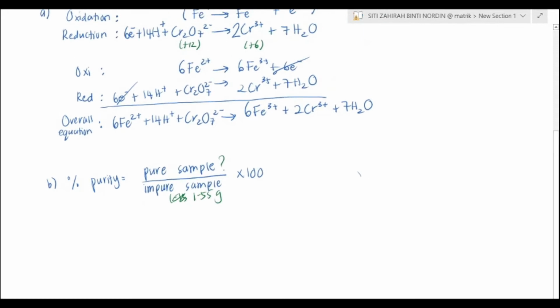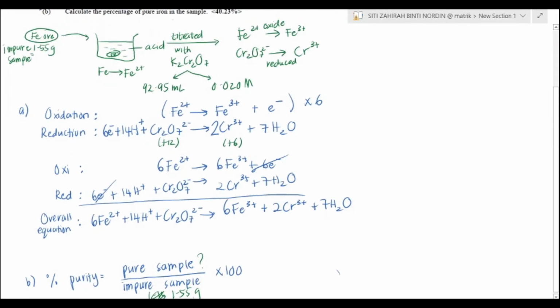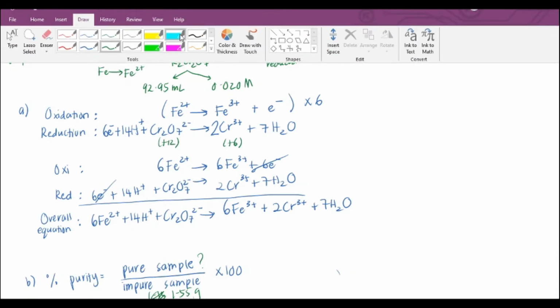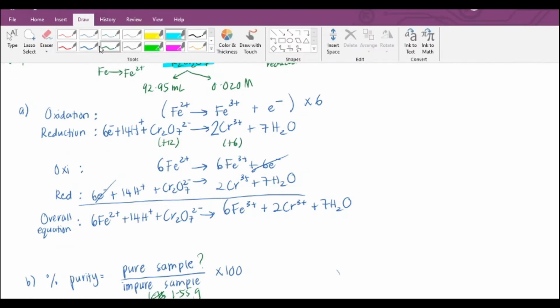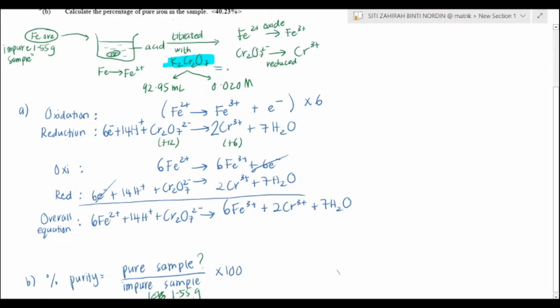So let's check. For this kind of question, which involves ion electron equations, the information for the compound given, for example K2Cr2O7, is equal to the information of Cr2O7 2-.